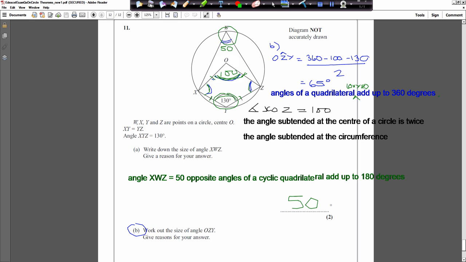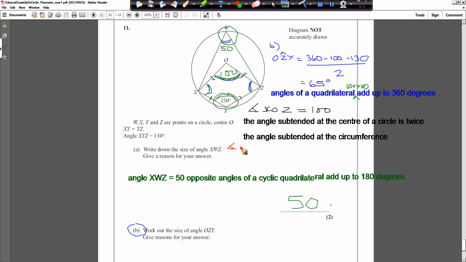Here comes one last piece of explanation. I don't know whether we fit it in over here. We're going to make one more statement, in black and red. So what do we say for angle WXY and angle WZY? These are equal, aren't they?